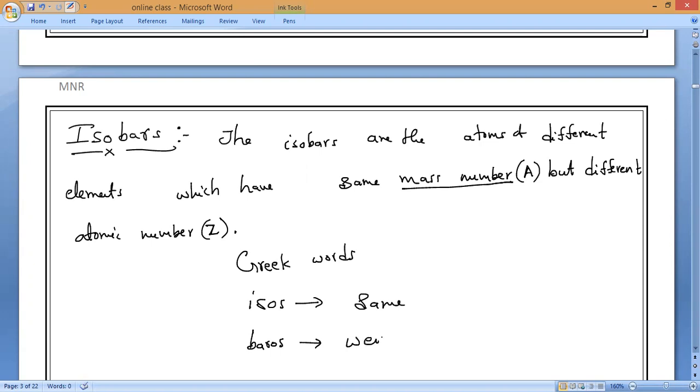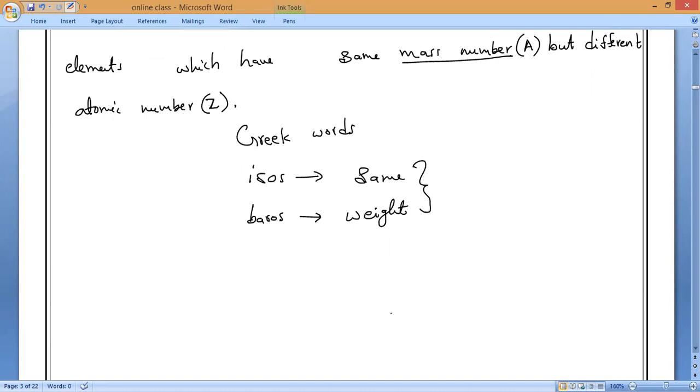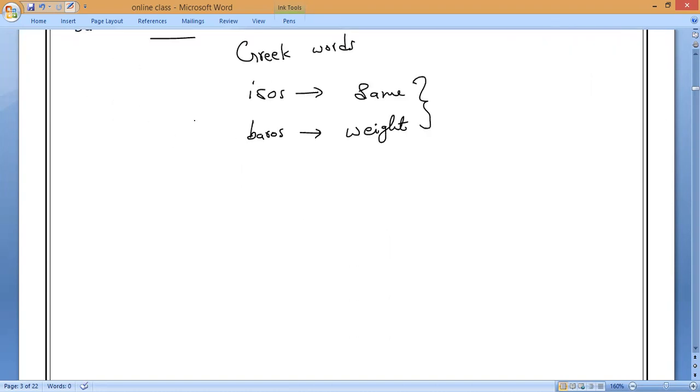So what do you mean by isobars? Their mass number is the same, but what is not the same? Their atomic number is not the same. That is what you have to remember.